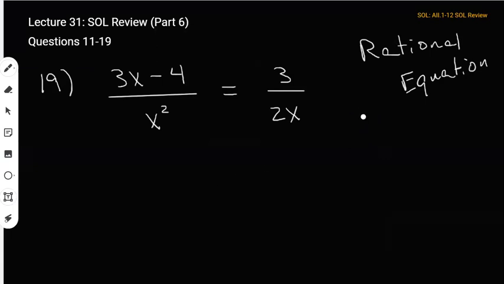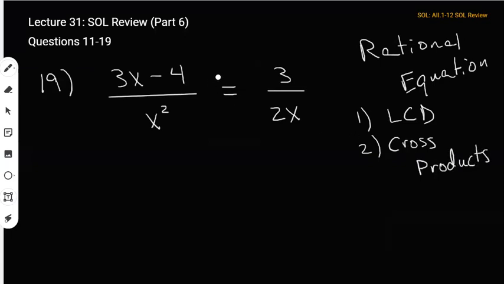Okay, so there are two ways you can do this. You can find a least common denominator, like I did for the first question, or you can do cross products. Cross products. And that's probably what I'm going to do for this one, since I've only got two fractions.